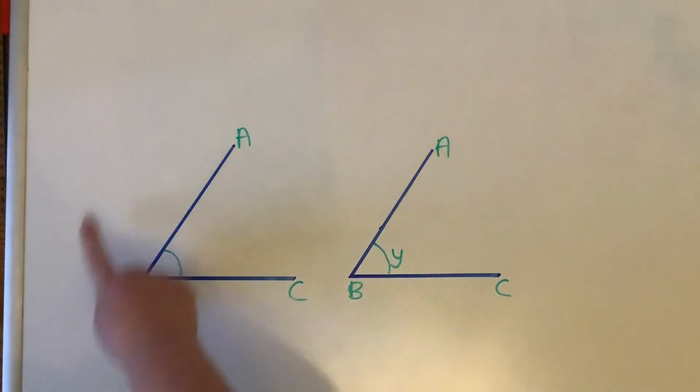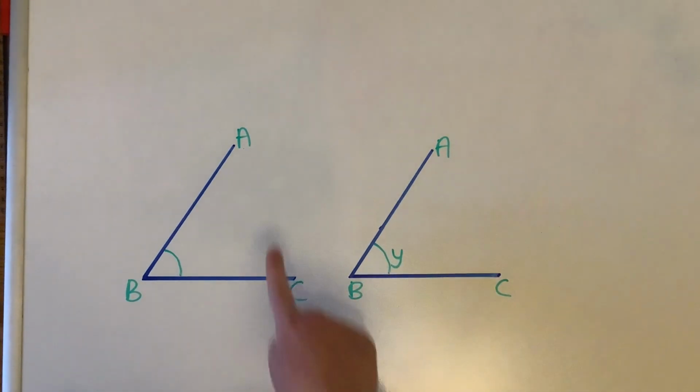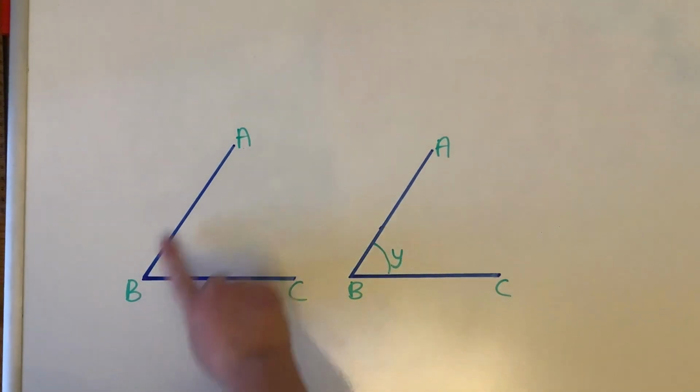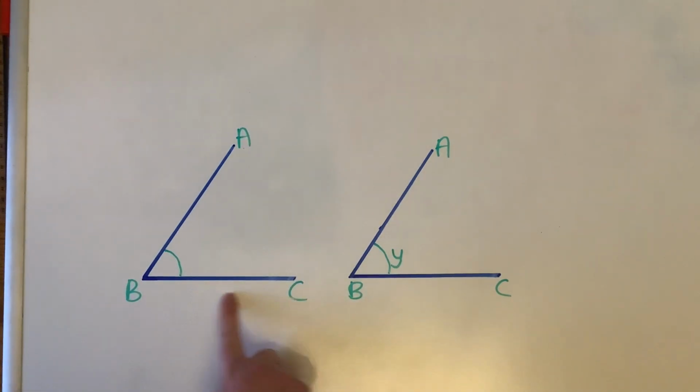My first angle that I've got here, my lines have been labelled AB for this line here, or it could be BA, because they're the letters where it starts and ends. And this line here, my horizontal line, BC or CB.